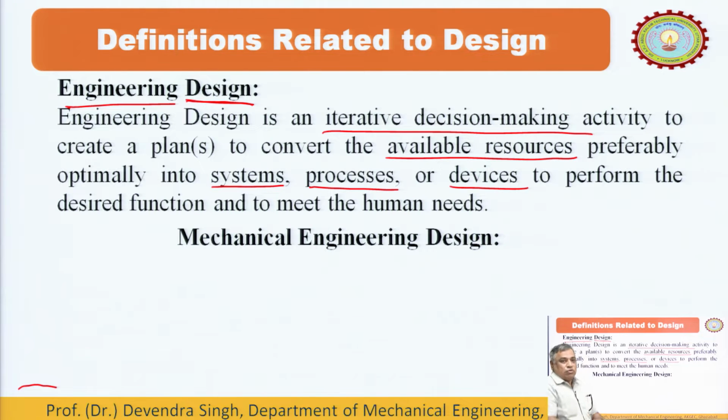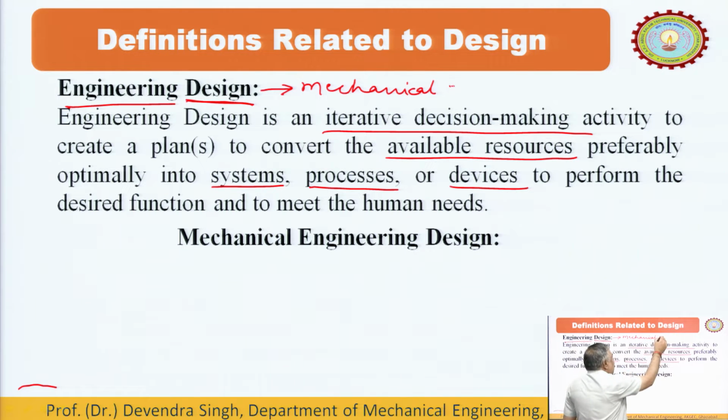Then we come to the next definition, that is mechanical engineering design. If the output of the engineering design is mechanical in nature, then this is called mechanical engineering design.